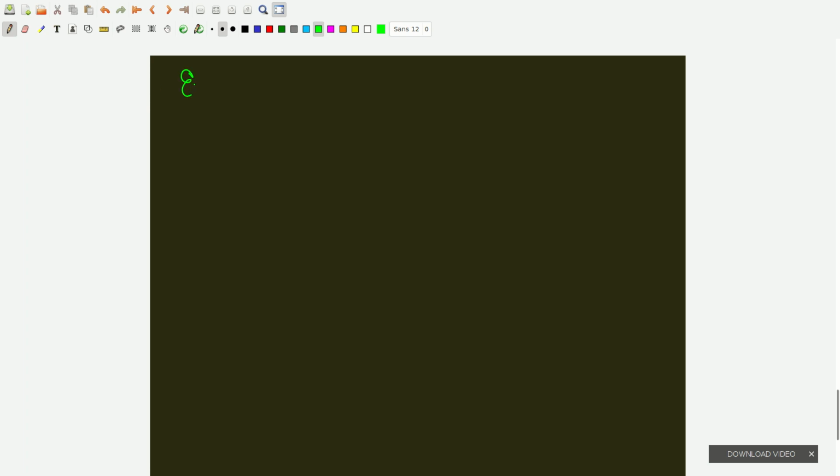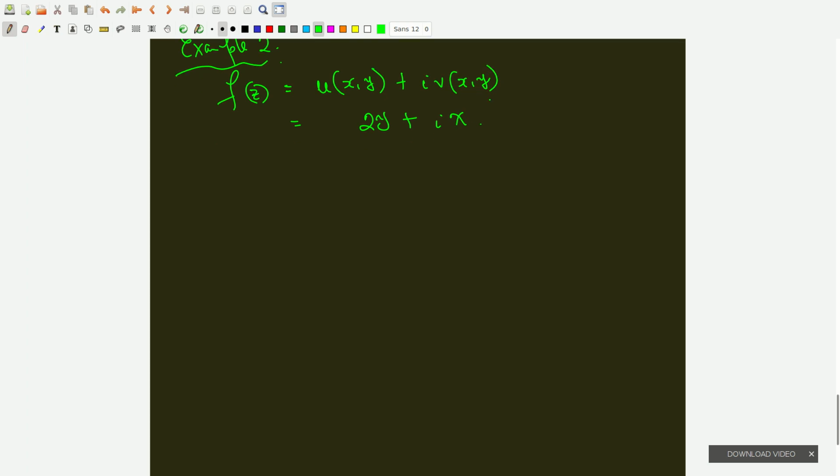Okay, so we have example 2, and we have our function f of z given as, we said we have the real part and the imaginary part, I'd like to give it as 2y plus ix. Of course we know that z in general is written as x plus iy.